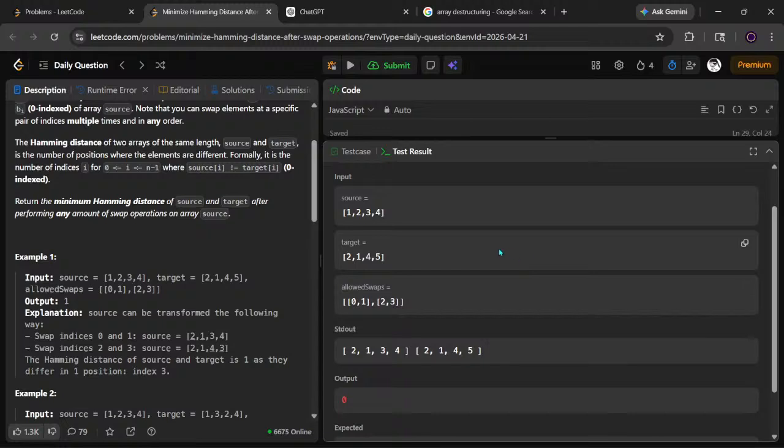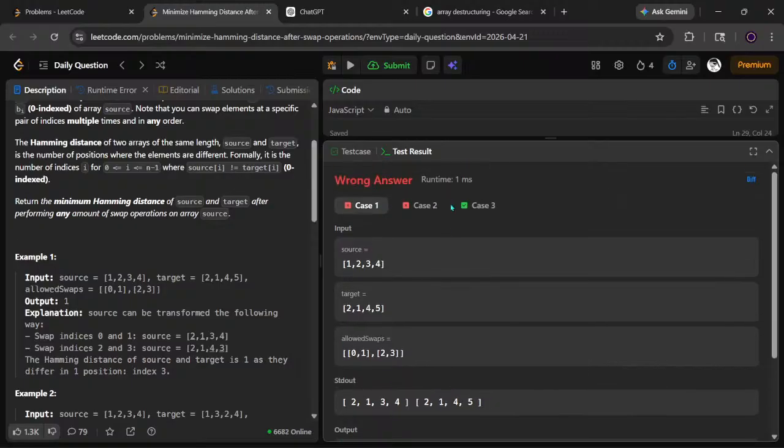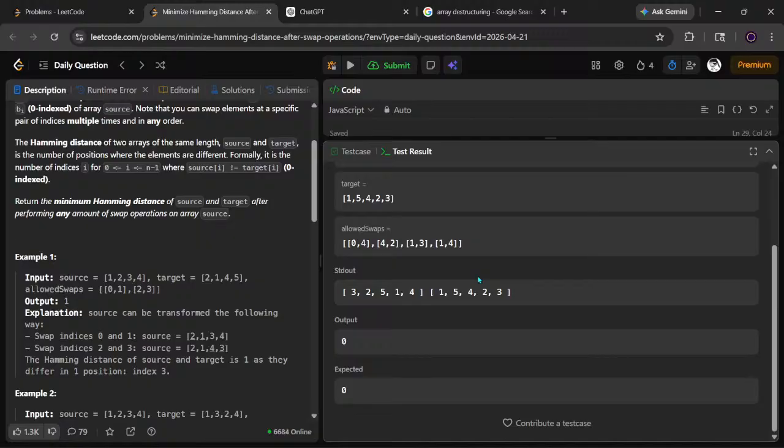I have recorded 0 here. Is it completely different? What the hell?